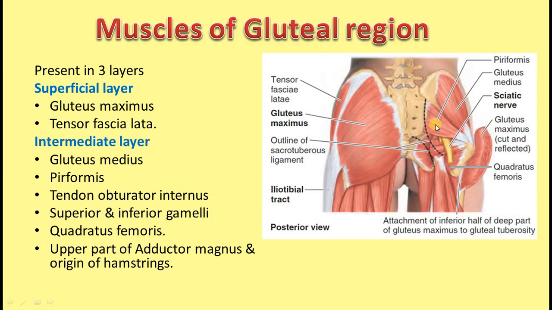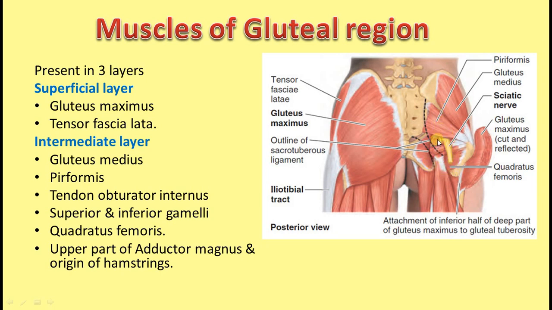Then below the piriformis, you are able to see the tendon of obturator internus, gemellus superior, gemellus inferior. Then the origin of hamstrings and the adductor magnus muscle from the ischial tuberosity. So gluteus medius, piriformis, and structures below the piriformis.